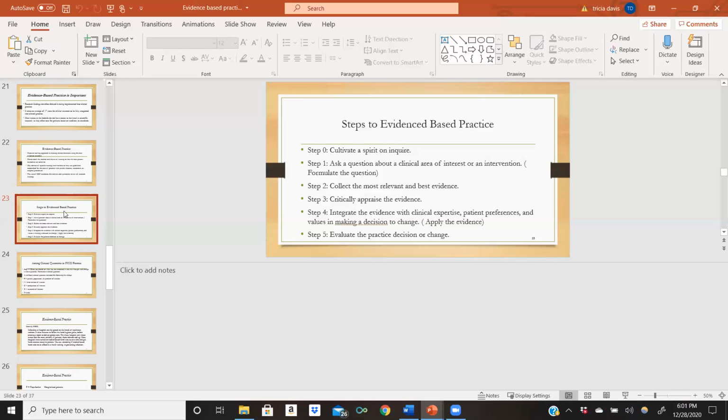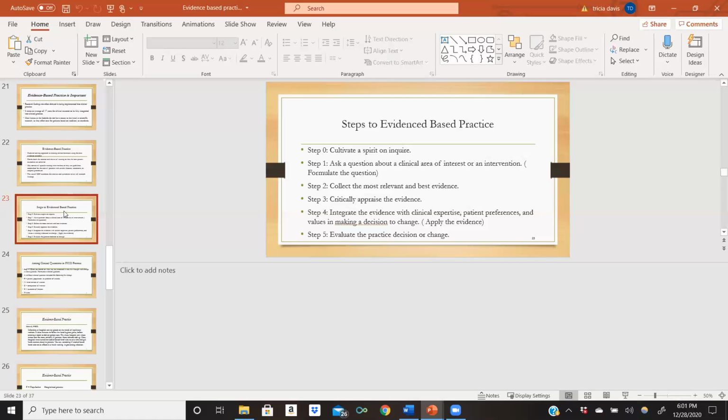It can be population, it can be patient, or it can be problem. So those 3 P's, either of those 3. Then the I stands for intervention. The C stands for comparison. The O stands for the outcome, and the T stands for time. So that is your little mnemonic that you use when you are creating a PICO question.